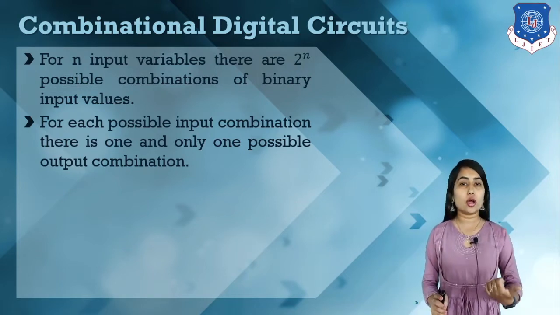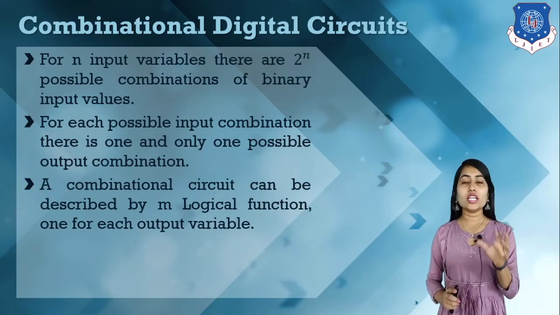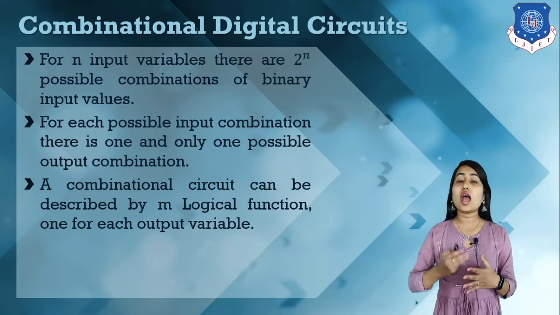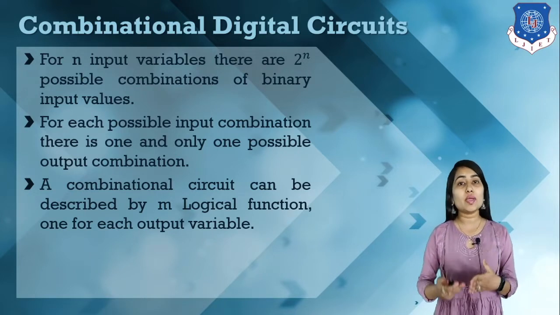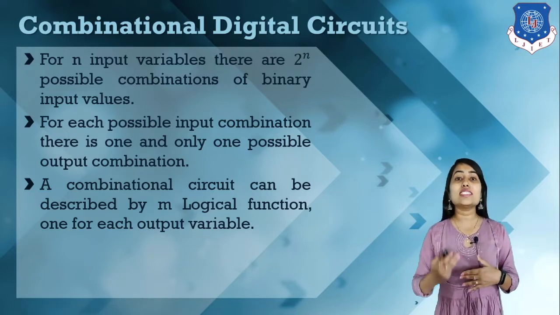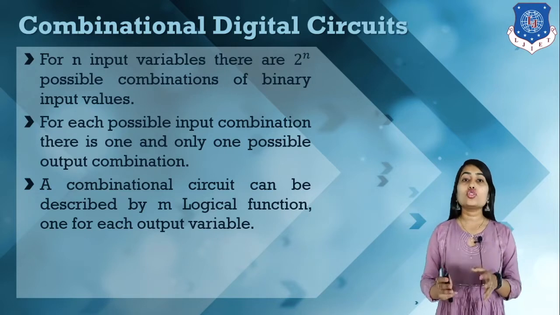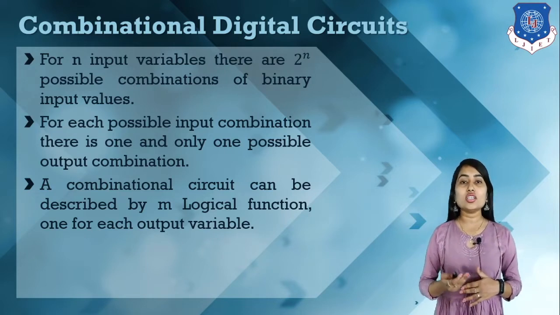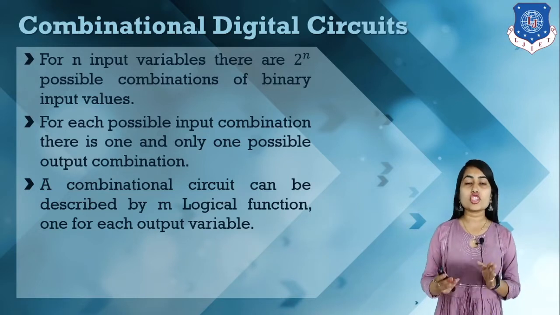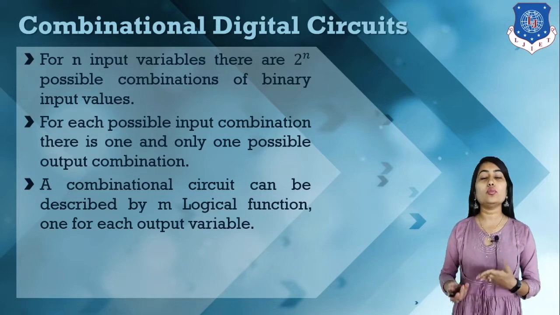Using these total 2^n input conditions we can make output equations, or logical functions, which represent the logical behavior of that combinational digital circuit. So using this combinational logical circuit we can write a logical function for the given circuit in terms of input variables.